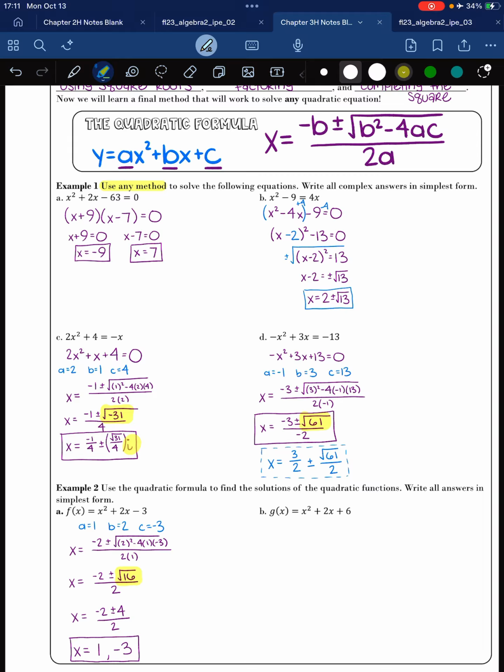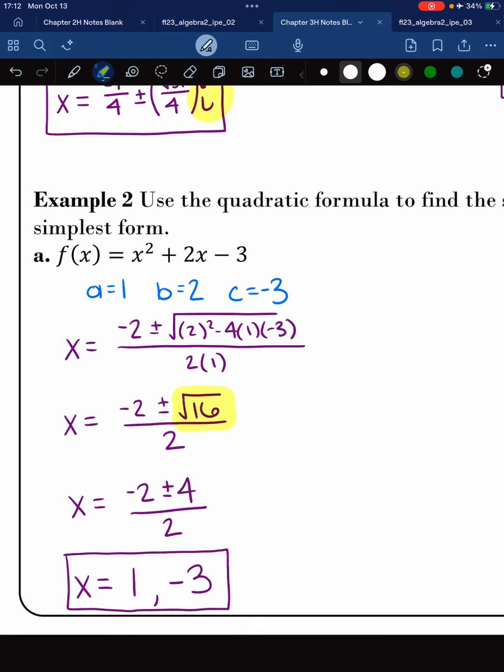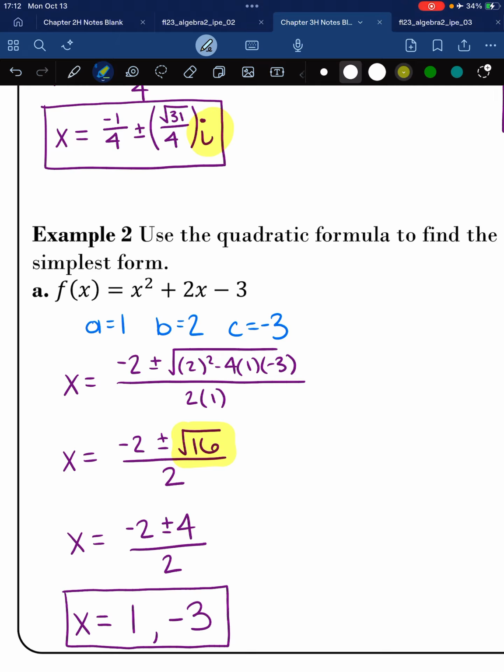We can see on C, I had a negative underneath the square root, which means I'm definitely going to end up with an imaginary answer. Okay, on D I wasn't really able to simplify. I was taking the square root of 61, which isn't even simplifiable. It stays an irrational number. So I end up with 2 different irrational solutions.